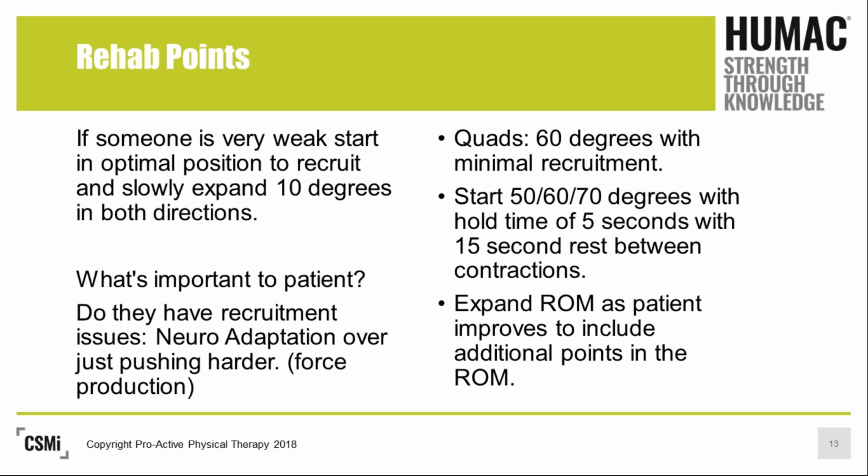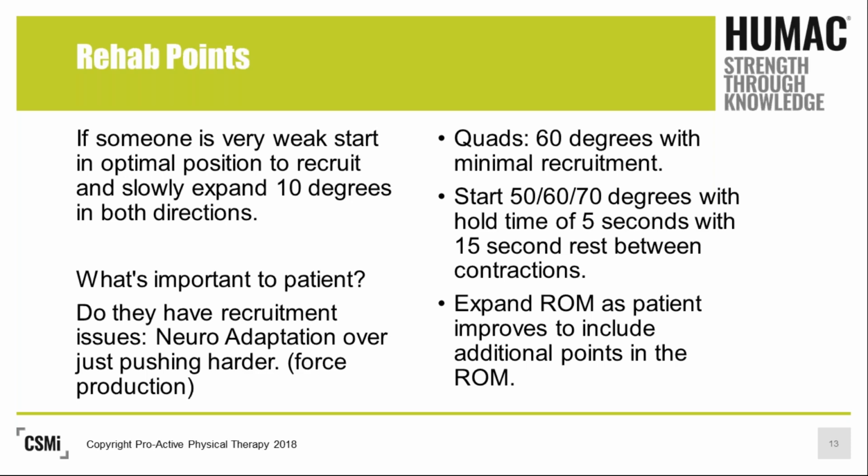But what we also have to ask ourselves as a treating therapist is, what's important to the patient? And what I mean by that is, do they have recruitment issues? Is this a neural adaptation issue where they just can't coordinate, they can't really even get the muscle moving? Or are we just talking about pushing harder for force production?